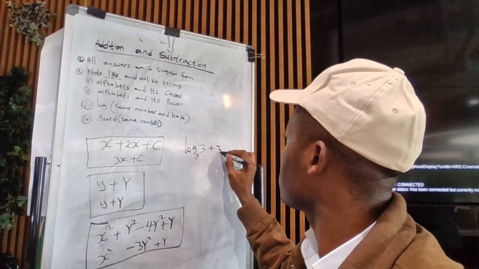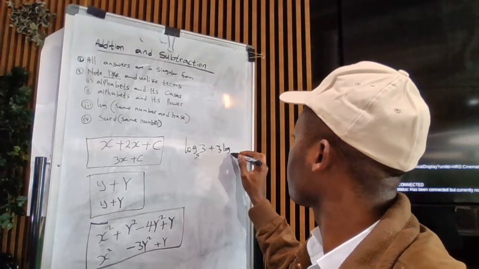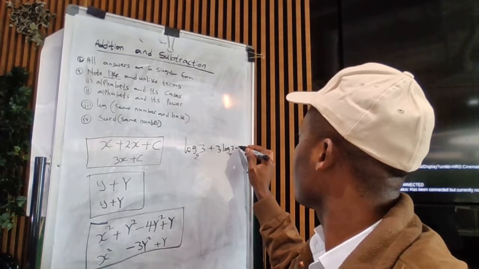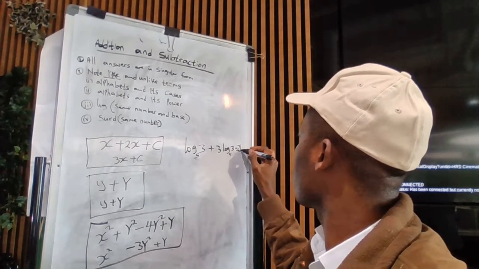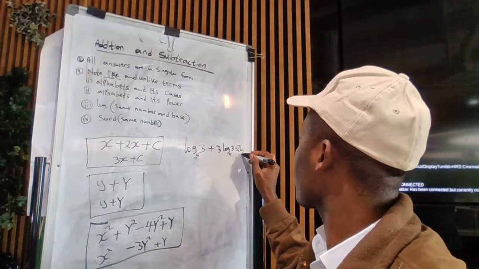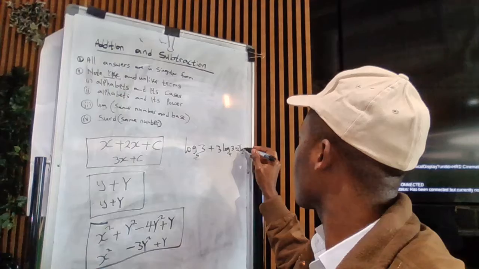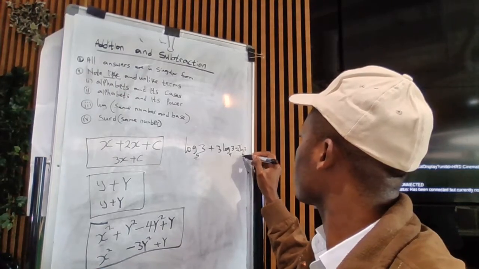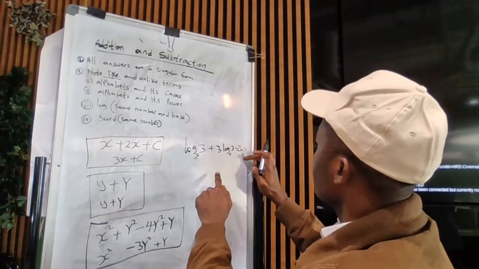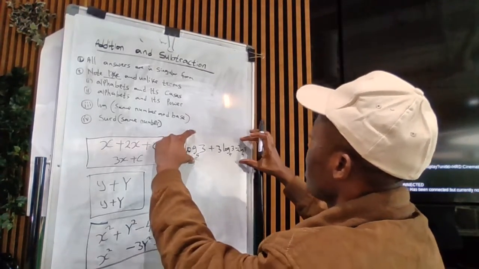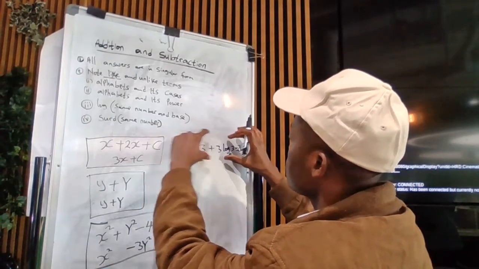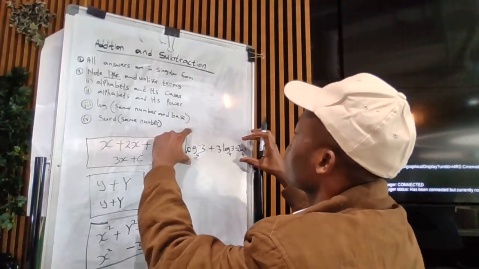Plus 3 log 3 base 4, minus 2 log 3 base 5. If you look at this, log 3 base 5, log 3 base 5, these are the like terms. So this is different. So you cannot add this. So these are the only things you can add and subtract.